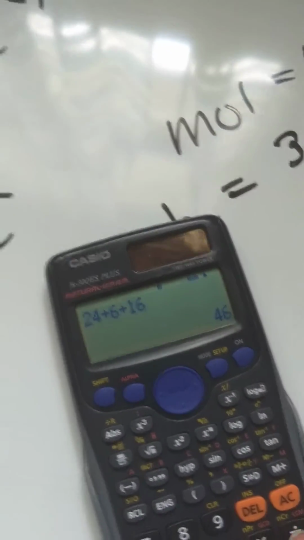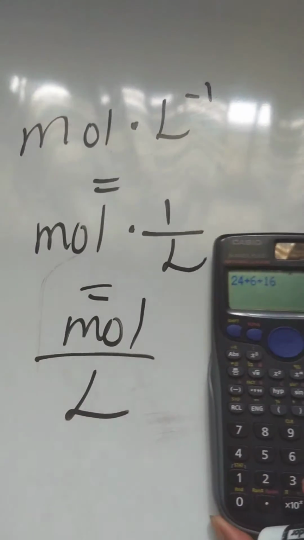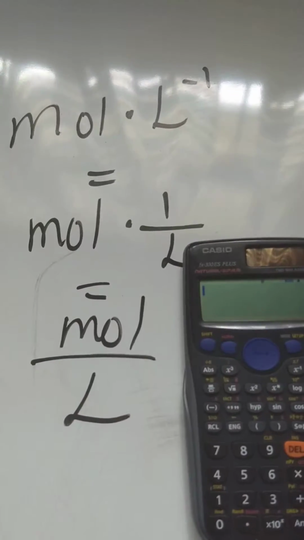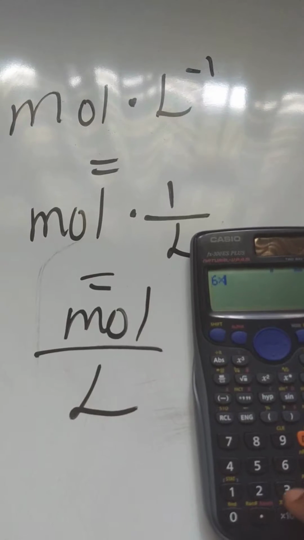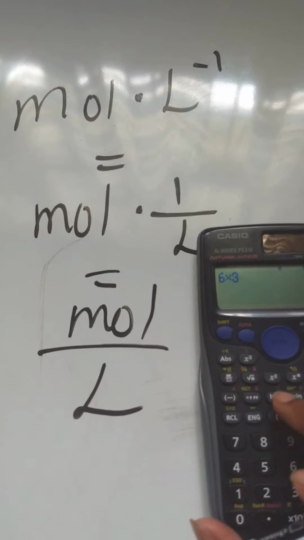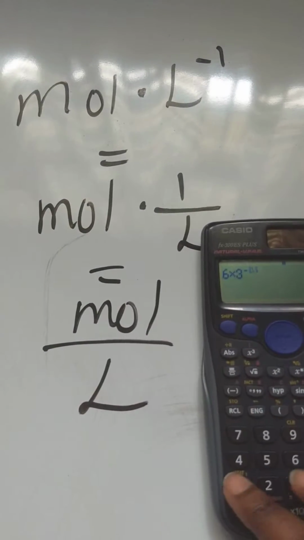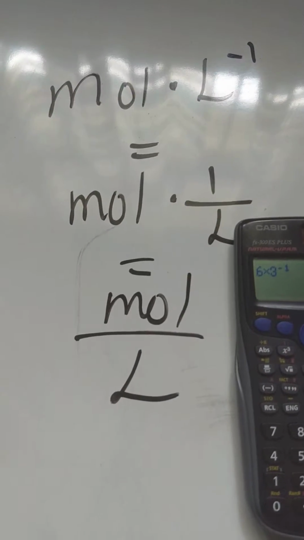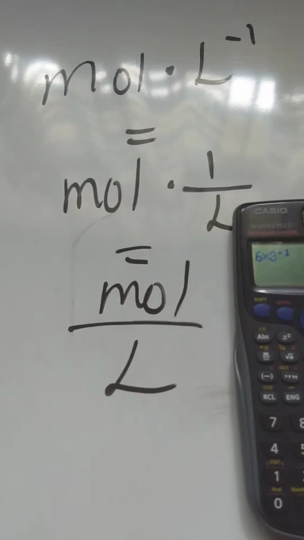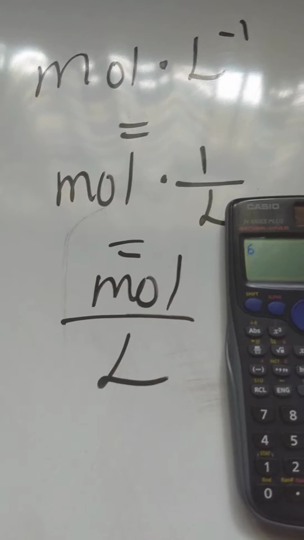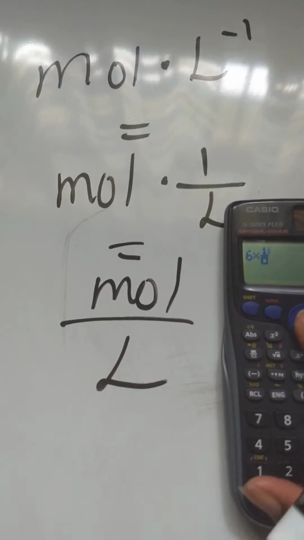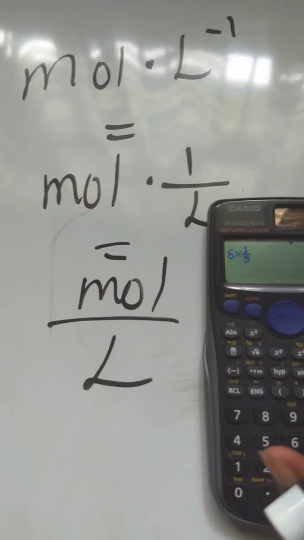So we'll put it into our calculator. Moles times 3 to the negative 1 power gives you 2. Moles times 1 over 3 gives you 2.